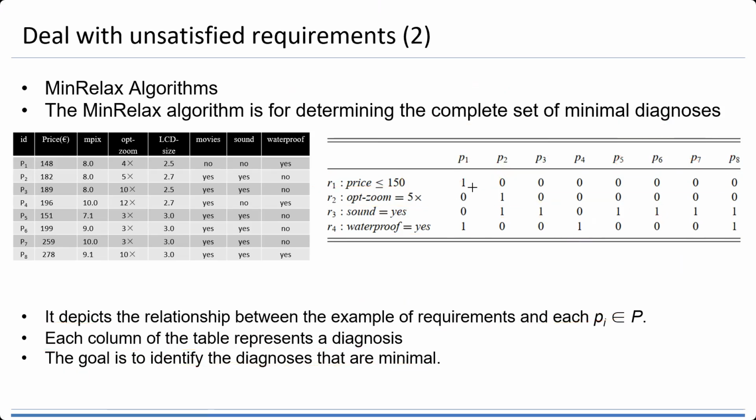R1 and R4 can work, then R2 and R3 can work together, and then the other is R3 and R4. So we can use this minimum set of diagnoses to look at the solution.